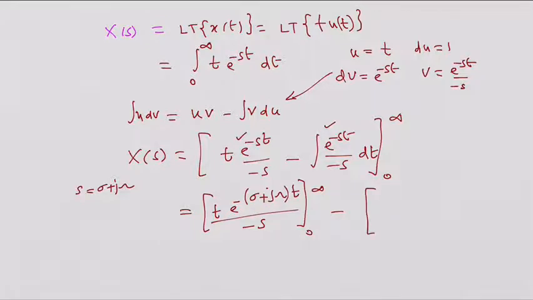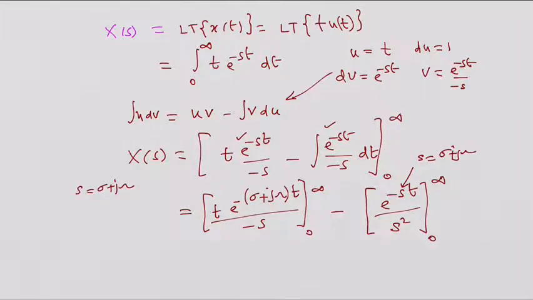The integration of the other term results in e power minus st divided by s squared, with lower limit 0 and upper limit infinity. I have already told you that s can be replaced as sigma plus j omega.